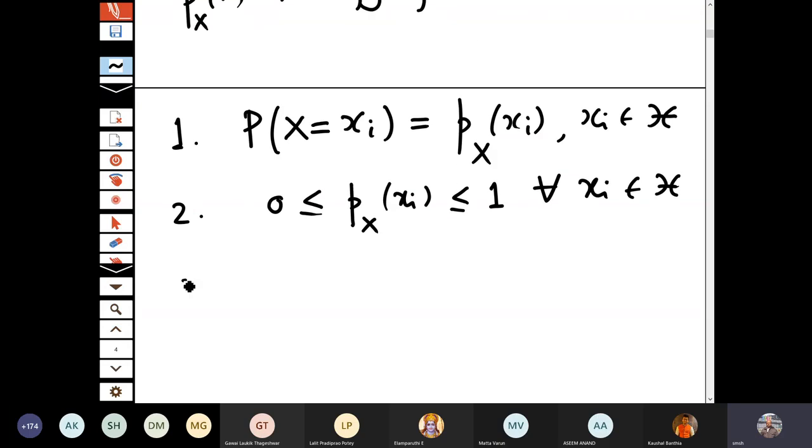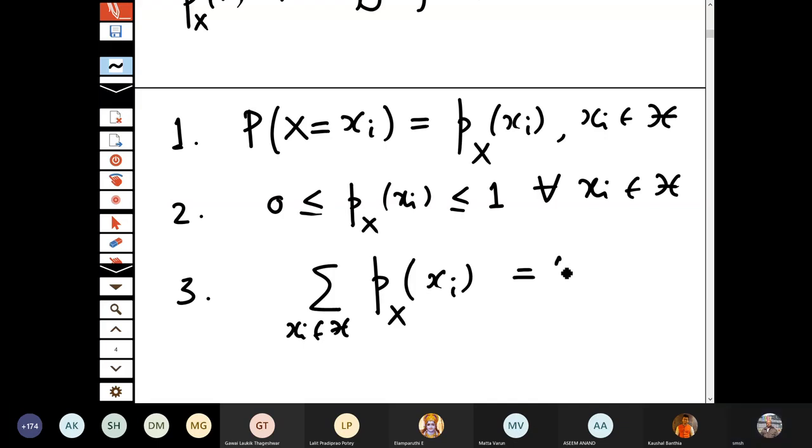And the third is that the sum of the probabilities is equal to 1. So if there is a function which satisfies these three properties, it is said to be a probability mass function of a discrete random variable.